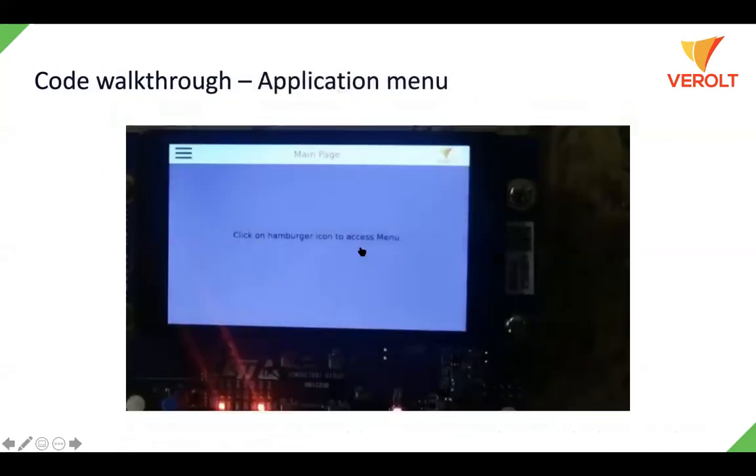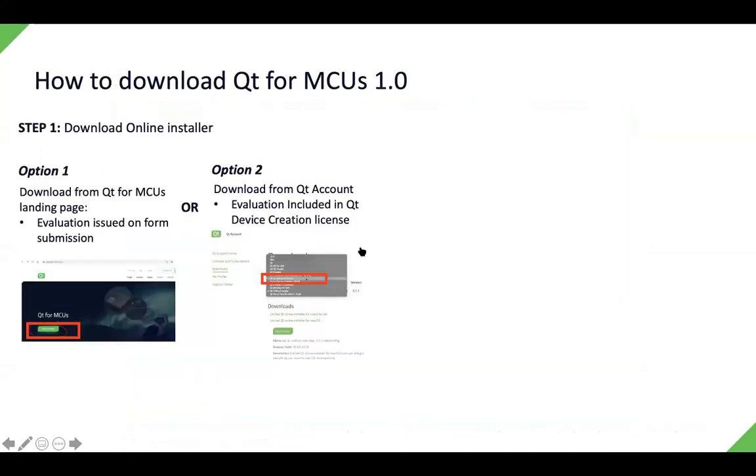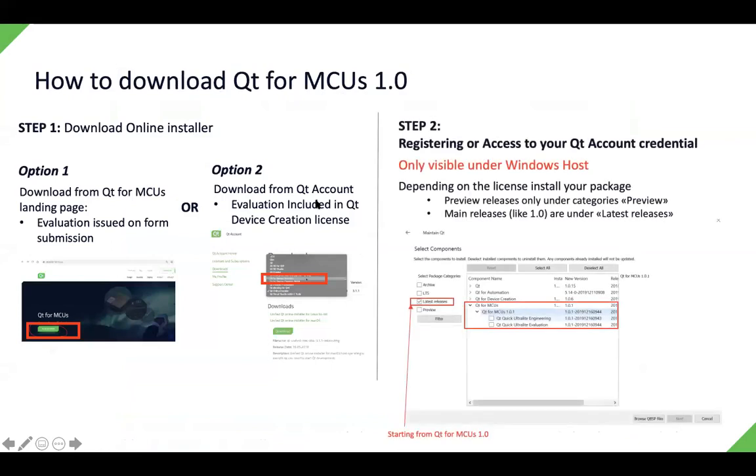Thank you, Ravi, for the nice explanation of what you have been achieving with Qt for MCU. A quick ramp-up for all the evaluators: if you want to test Qt for MCU, you can download the online installer through our website. Just apply to try Qt for MCU on the landing page, or if you already have a Qt account, download the online installer directly from the online tool.